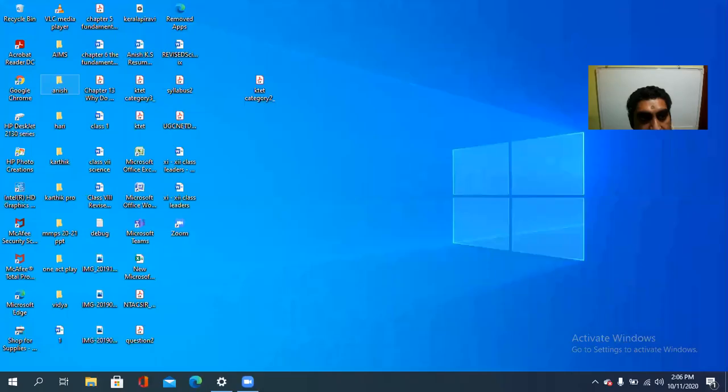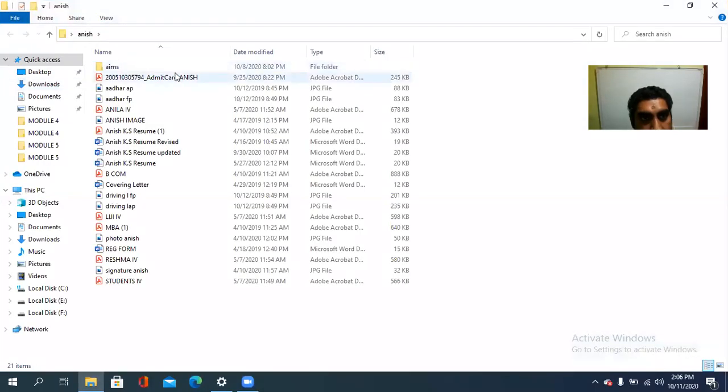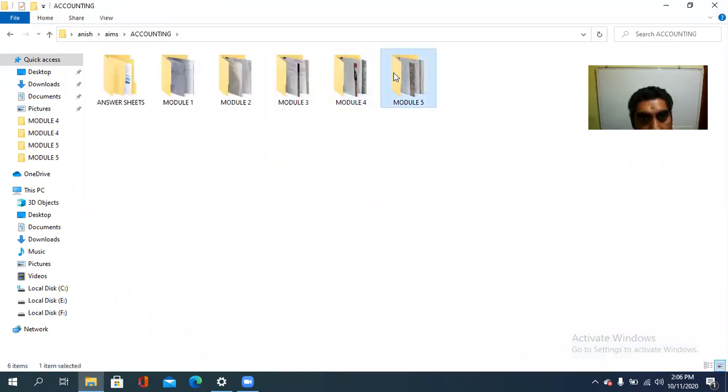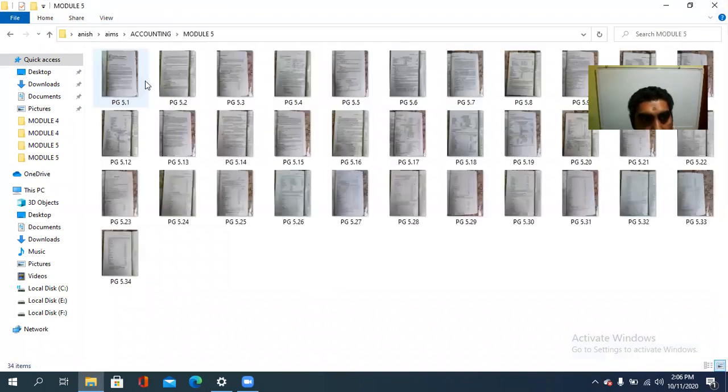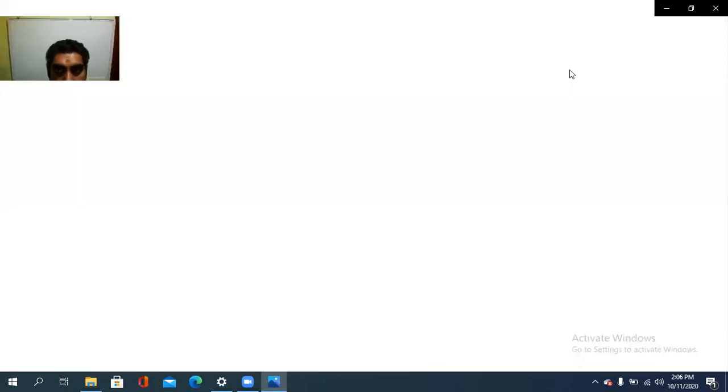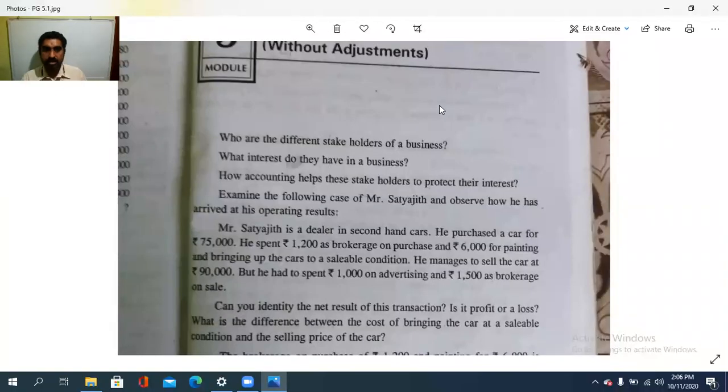So I'm going to share with you the fifth module regarding this. Here they are just putting some transactions, nothing more than that.